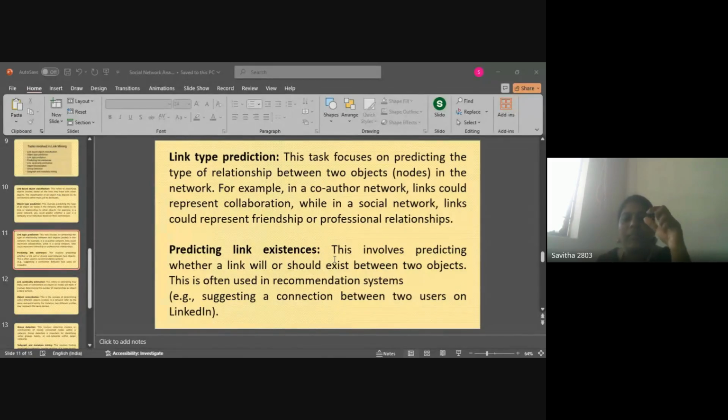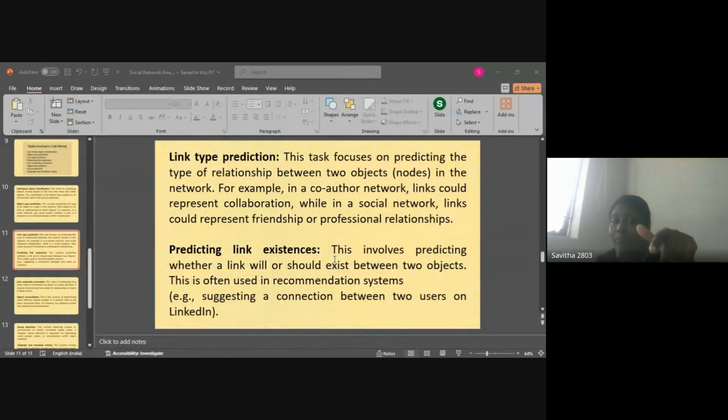On a social network like Facebook or WhatsApp, you can predict if two users might become friends based on their mutual connections and shared activities. How these two people will be linked in future, or how long they will stay connected together, will be predicted by using this link existence prediction.